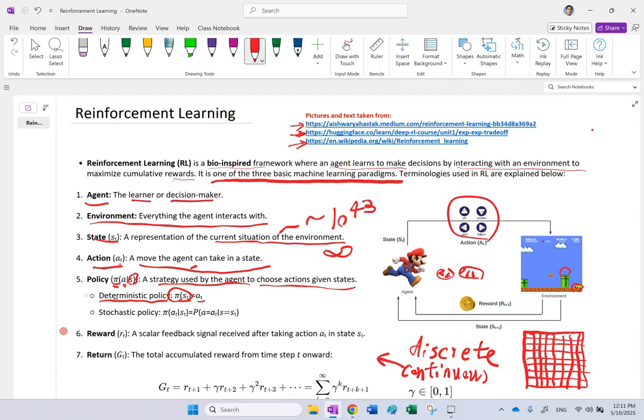Now, sometimes it's not perfectly deterministic; it's a little bit stochastic. What is that? Here, your policy is a probability of taking action A given that the state is S. Although you might have some average, some expected value, there is still some variance, or in multiple dimensions a covariance matrix, around it.